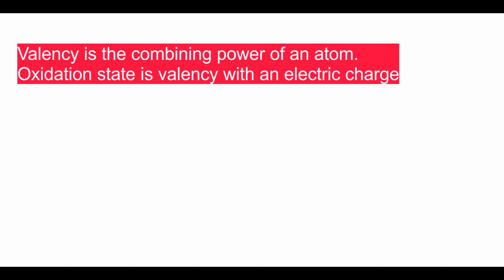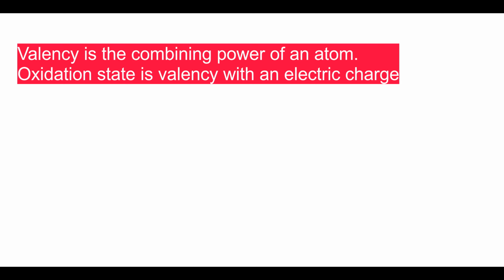Another term I want you to get familiar with is valency. Now, valency is a term used to describe the combining power of an atom. And another term is oxidation state, which is really just the valency with an electric charge.